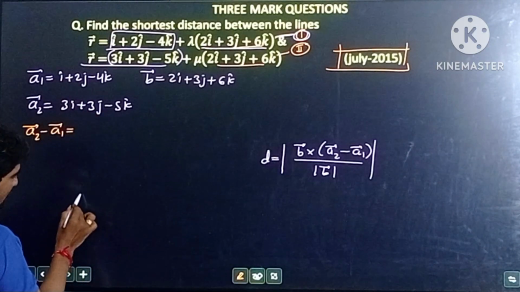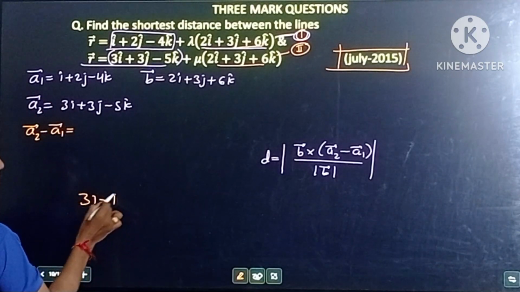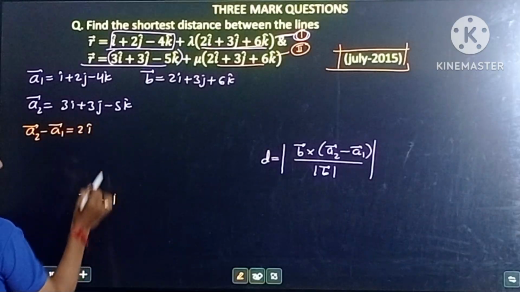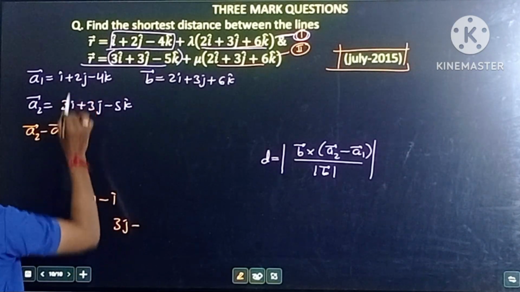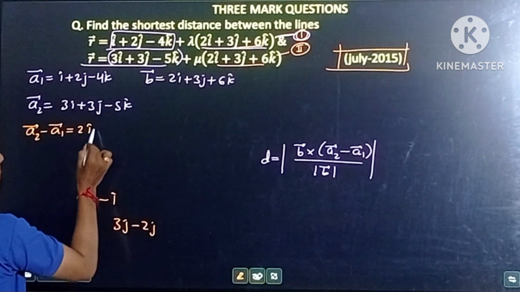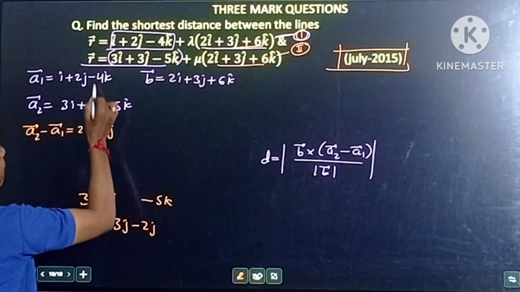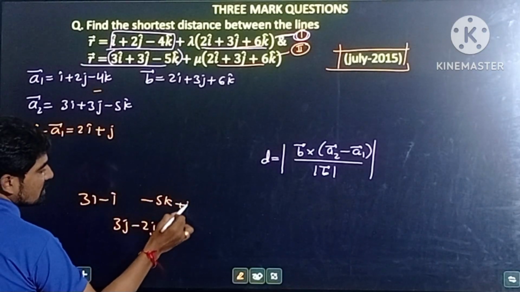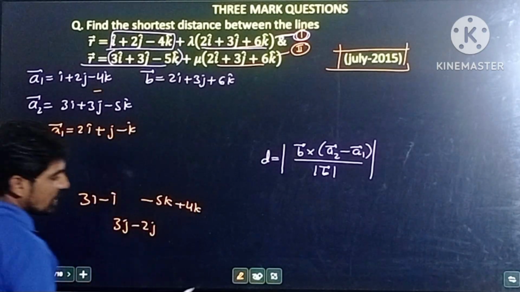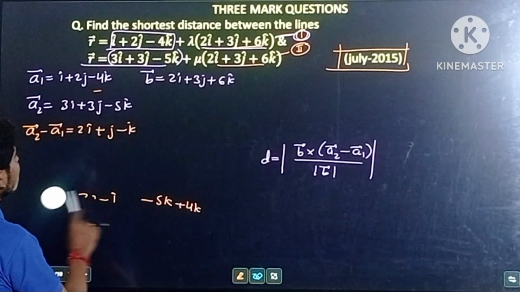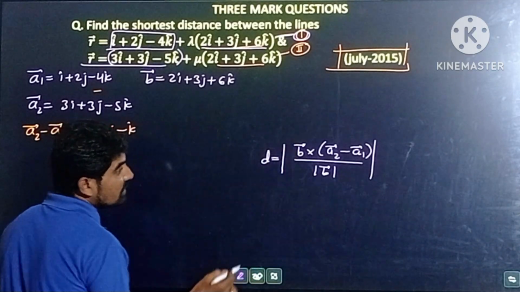So A2 vector minus A1 vector means 3i minus 1i, which is 2i, and similarly 3j minus 2j, which is 1j, and similarly minus 5k plus 4k is minus k. So we got A2 vector minus A1 vector, that is 2i plus j minus k.